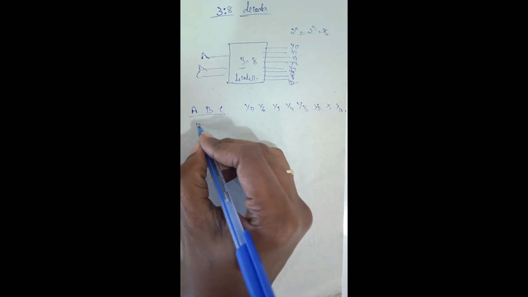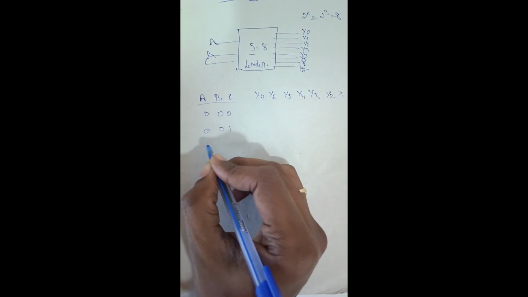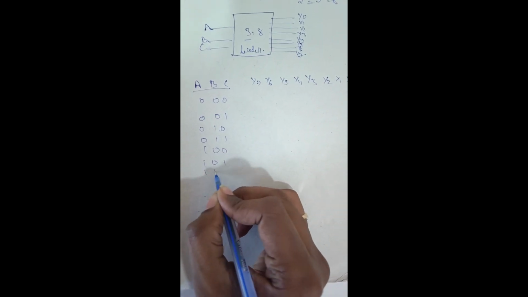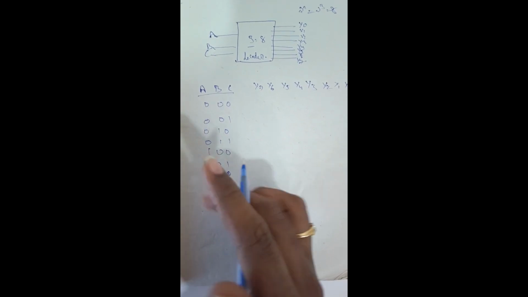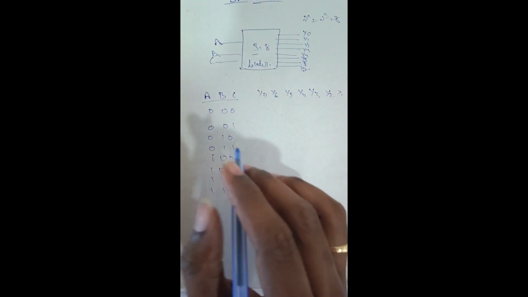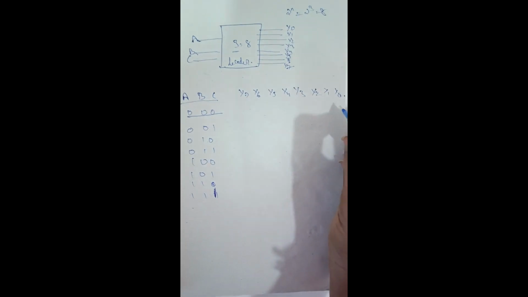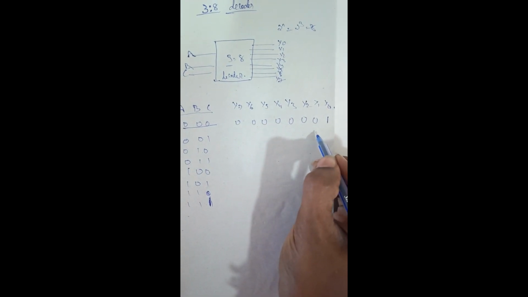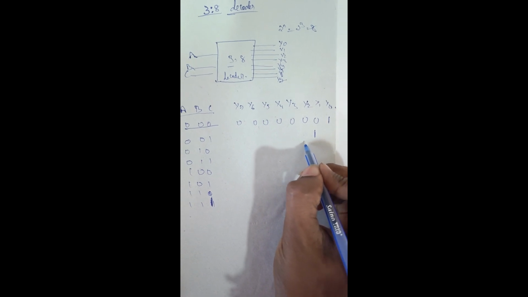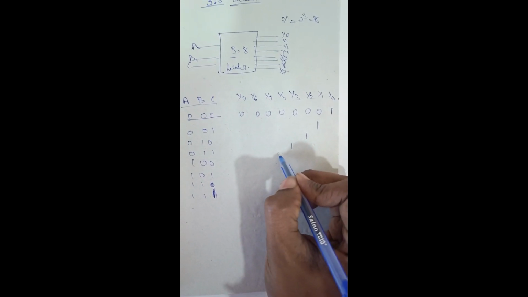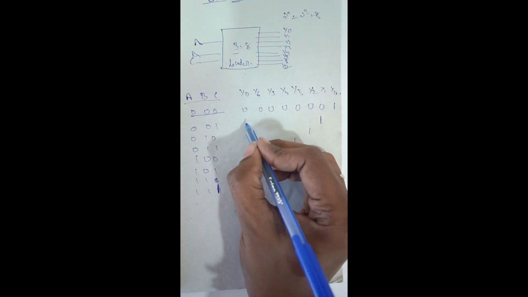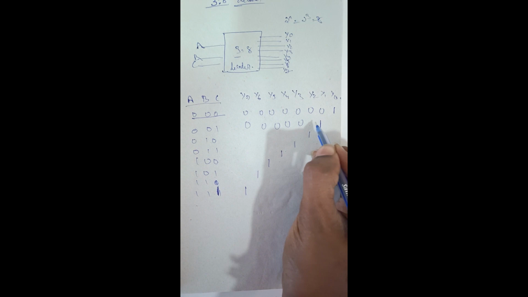So 000, 001, 010, 011, 100, 101, 110 and 111. When the inputs are all zeros, then y0 will be activated and the remaining all will be 0. In the same way, for 001 y1 will be next, then y2, y3, y4, y5, y6 and y7, right? And the remaining all will be zeros.